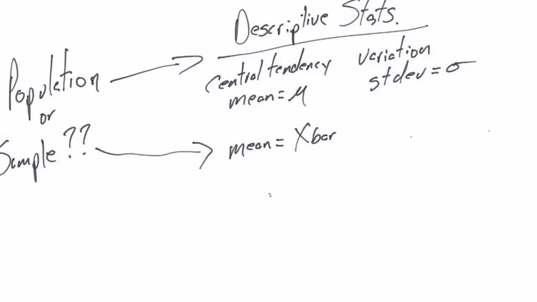Sometimes written out as x bar, other times written as an x with a bar above it. Sometimes, because that's hard to do in a word processor, we'll put x bar with a bar behind it or below it. When we're looking at standard deviation, the symbol that we use is sigma for populations, S for samples. For central tendency, mu for mean. For samples, it's x bar.